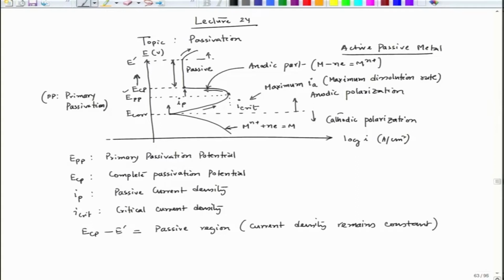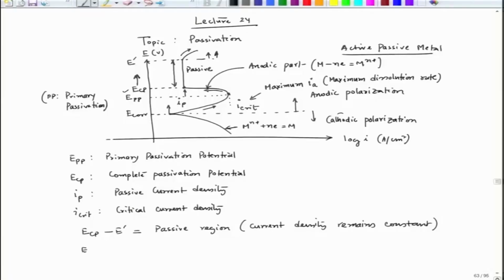This particular zone beyond E prime can be due to several factors. It can be due to dissolution of the metal, it can be due to the oxygen evolution reaction, it can be due to pitting related phenomena, or it can be due to complex ion formation of the metal oxide that has formed on the metal surface, and then further dissolution.